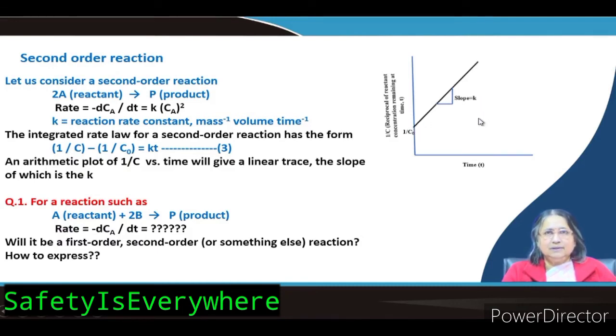In the first order rate you have seen we have to plot ln C or log C versus time to get a linear curve. In case of zero order, C versus T gives a linear curve. In case of second order reaction, you have to plot 1 by C versus T and you will get a straight line.